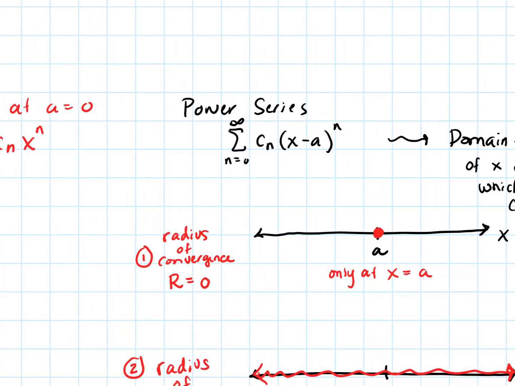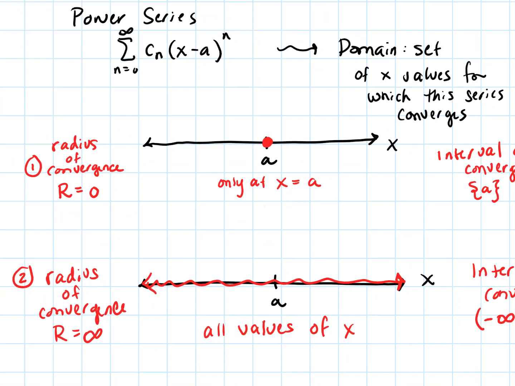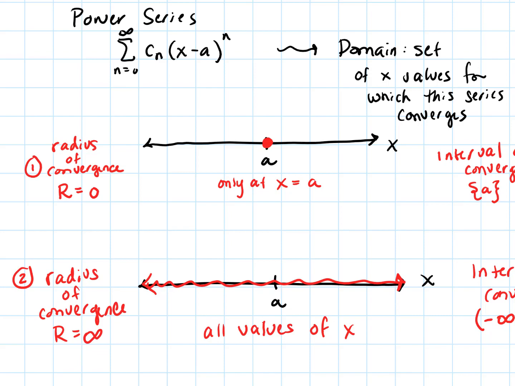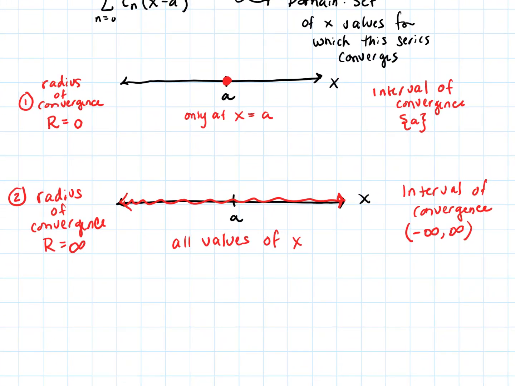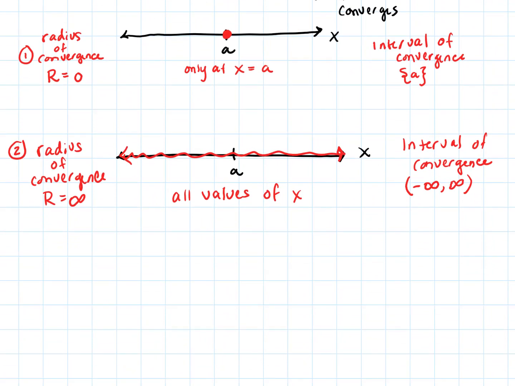So if we have a power series that has a finite radius, so what if we have a finite radius of convergence? Okay. So r equals some finite value.